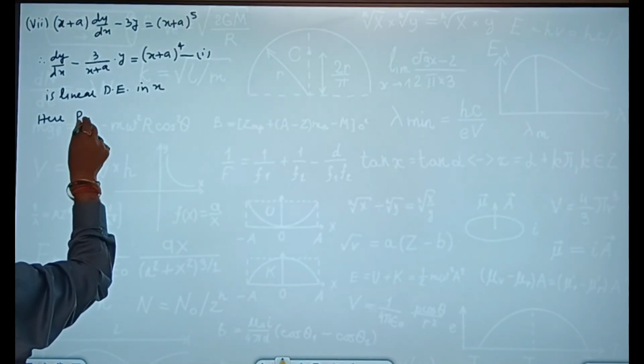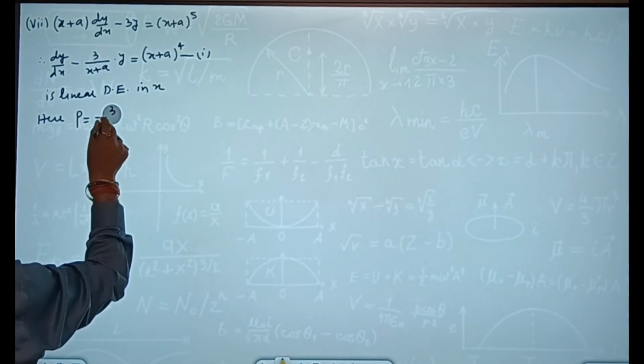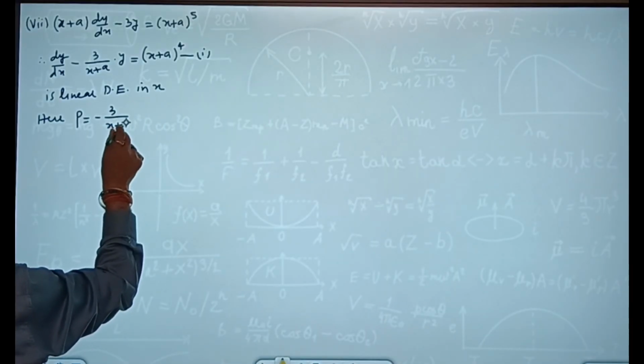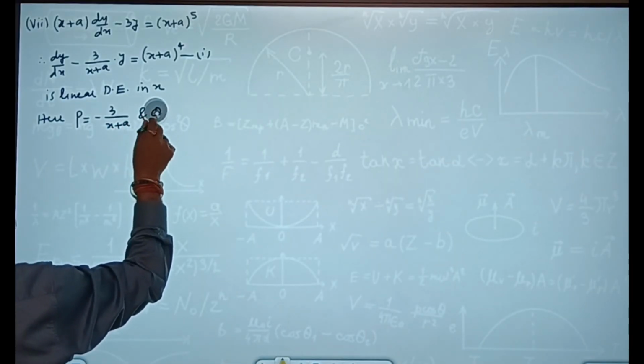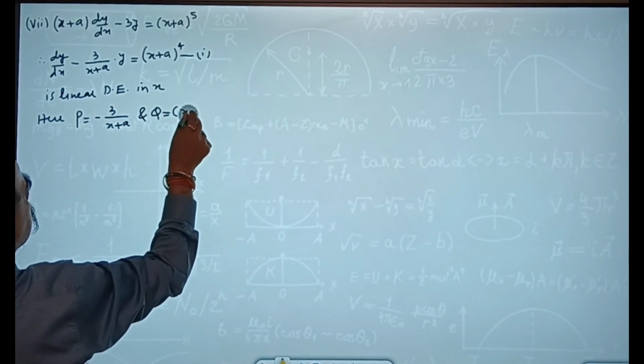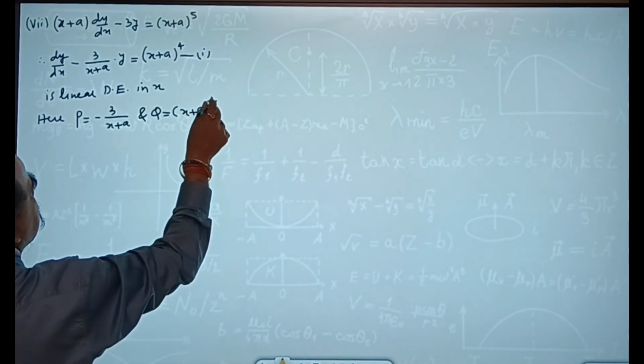Here p is minus 3 upon x plus a, and q is x plus a raised to 4.